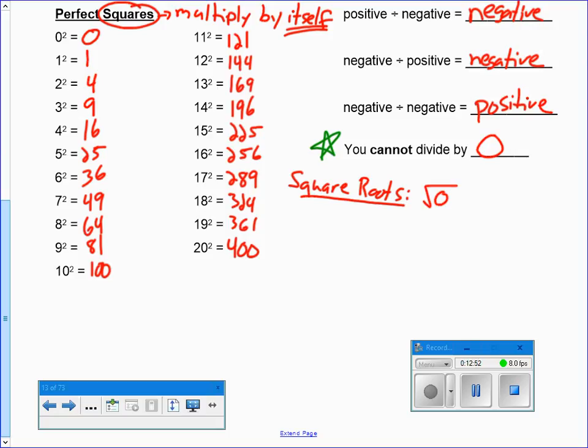If we take the square root of 0, we're asking what number multiplied by itself makes 0. That would be 0. Same thing if we take the square root of 1, what number multiplied by itself makes 1, that would be 1. I would keep going up the list of our perfect squares. Square root of 4, what number multiplied by itself makes 4, that would be 2.